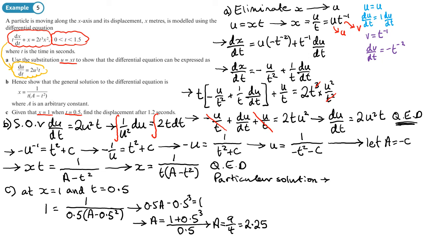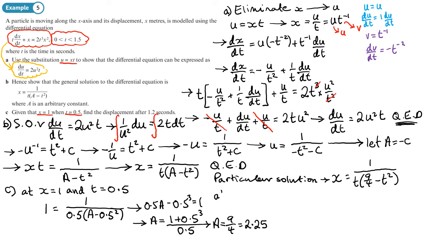So our particular solution now is x equals 1 over t times, let's use the 9 over 4, minus t squared, like that.